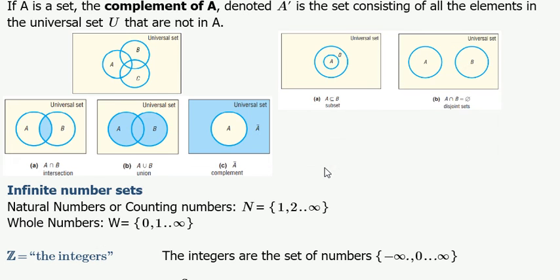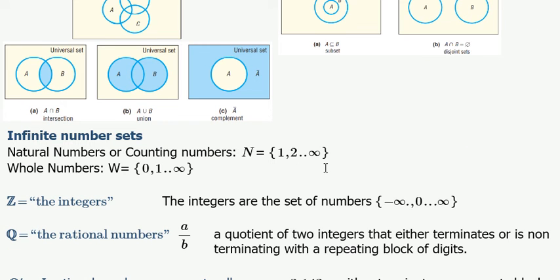If A intersection B... okay, infinite number sets. There are numbers, and they come under the definition called well-defined objects. The natural numbers are counting numbers starting from 1 to infinity.